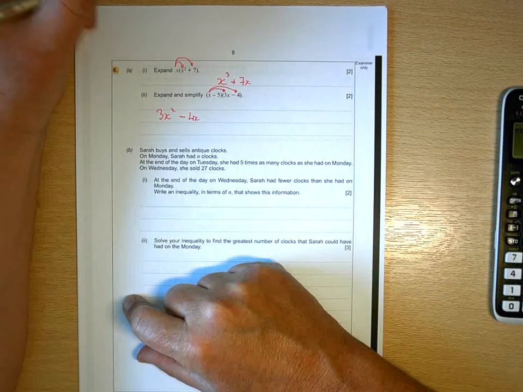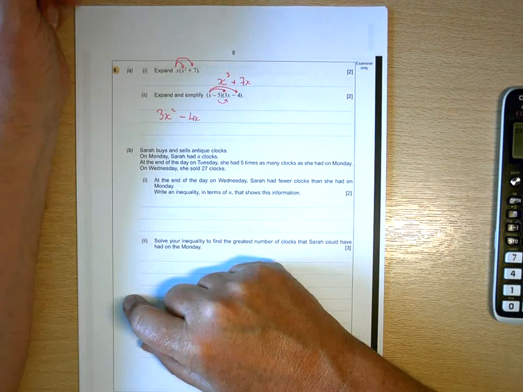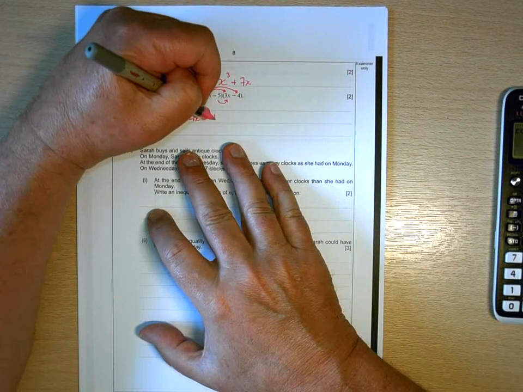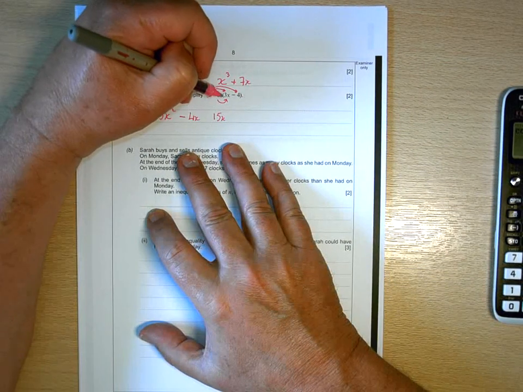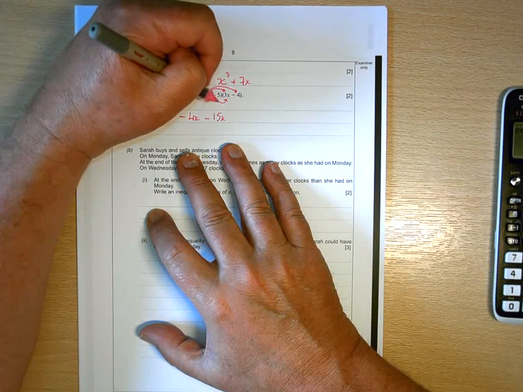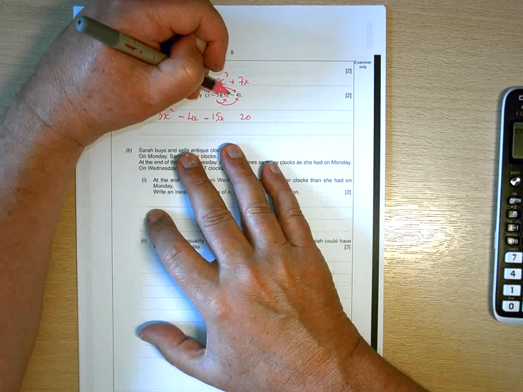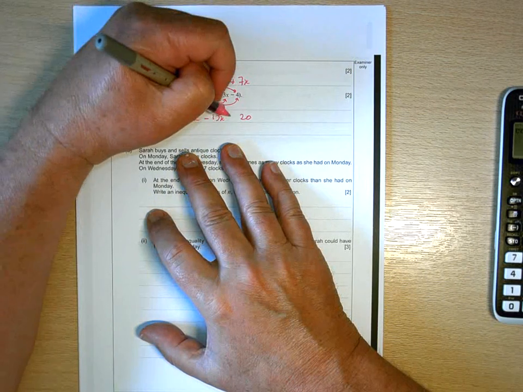So we finished multiplying x through, now we've got to multiply the negative 5 through. So 5 3's 15x, negative, positive, signs are different, answer is negative. 5 times 4, 20, minus, minus, signs are the same, answer is positive.